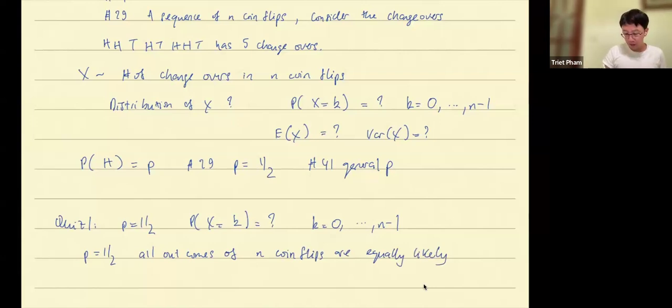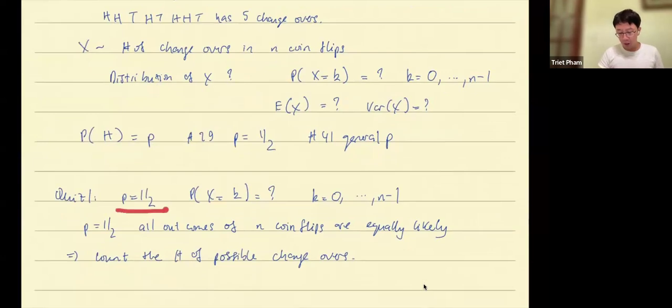So basically, we can approach it by counting.